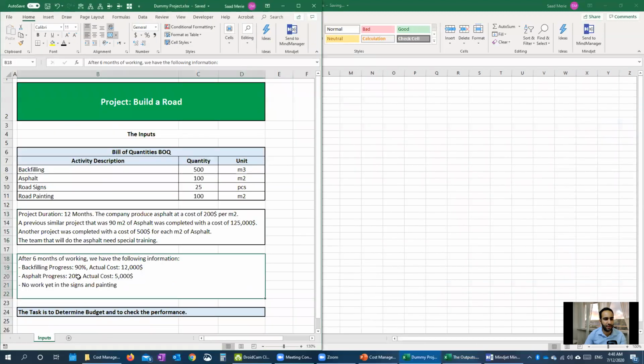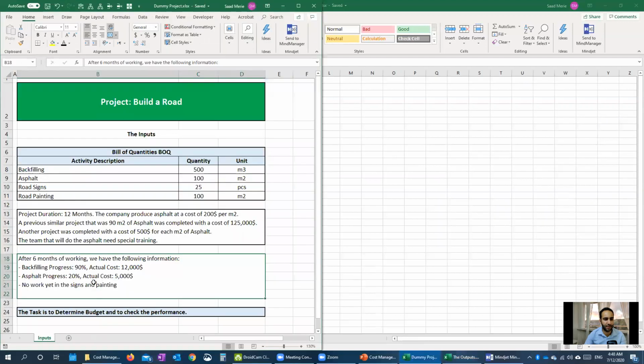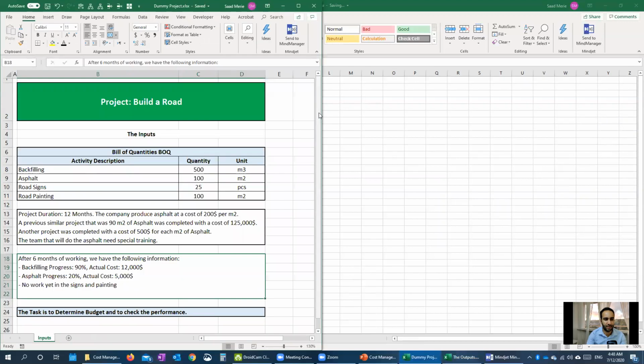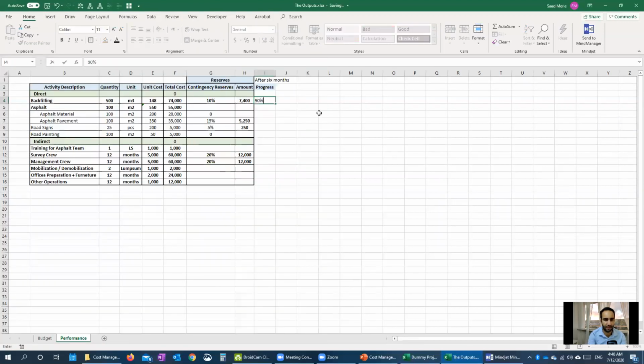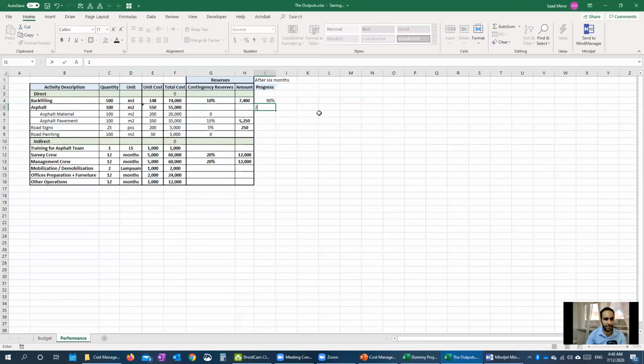So what information is available? Now, after 6 months, they told us that the progress of the backfilling was 90%, and the asphalt progress was 20%.